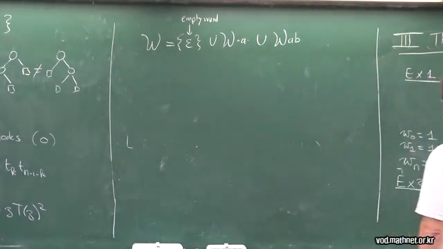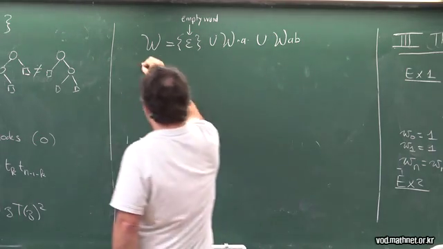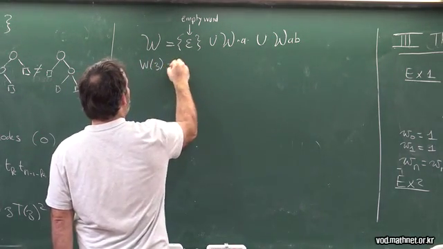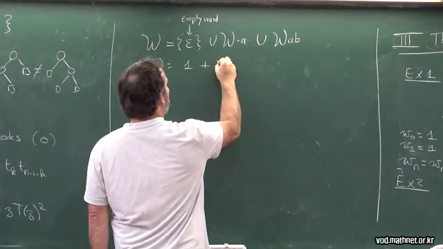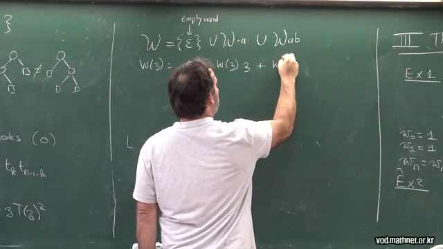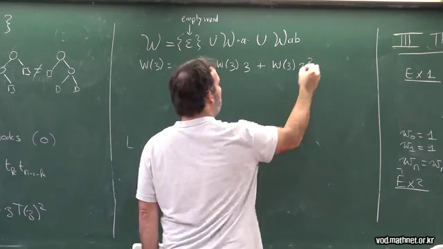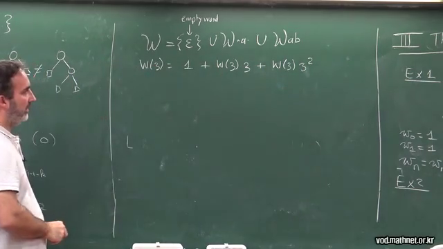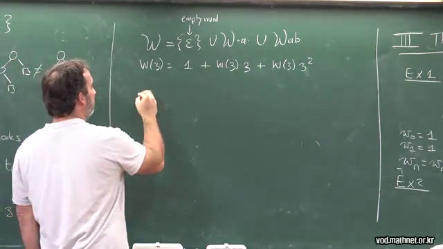And if I do the computation here, what I obtain is that W of z equals 1 plus W of z times z plus W of z times z squared. And from this I get that. Okay, so this is example 1.